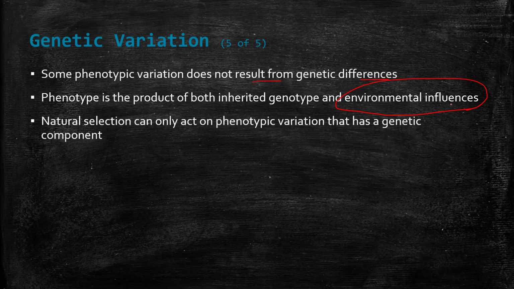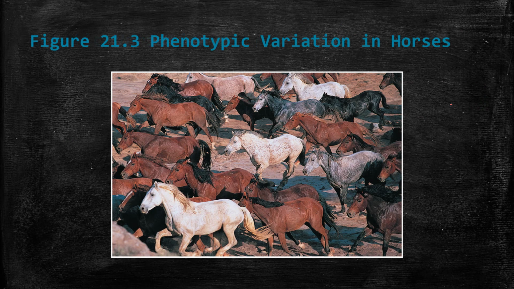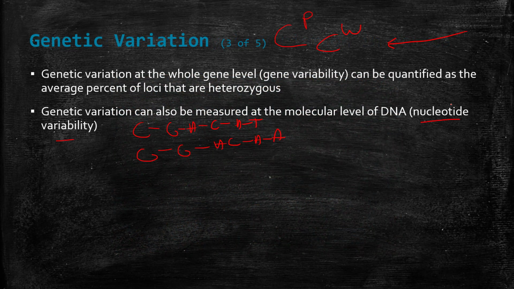So take-home messages here. Let me go back through these slides just to make sure we don't lose the thread. Populations are variable, and we can quantify that in two ways. We can look at how different the genes are in a population. So what's the proportion of the population that has heterozygous genes for a particular gene, CPCW.